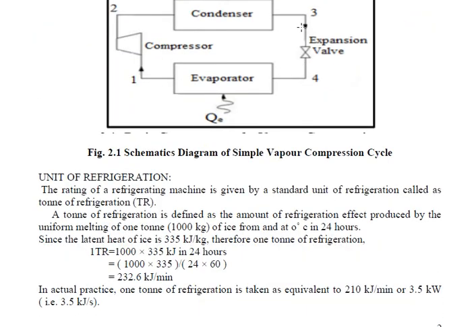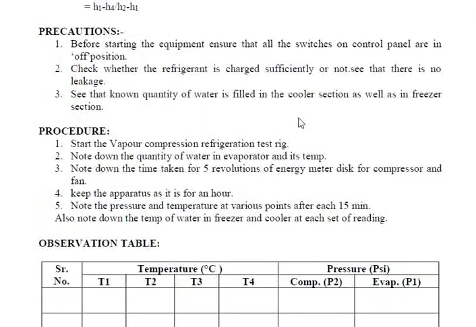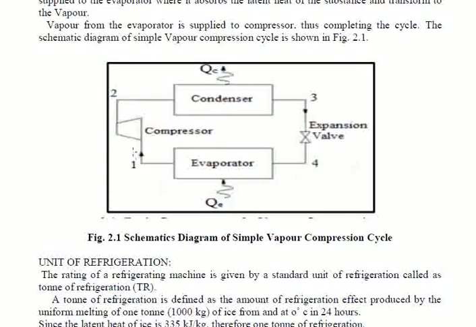So, this is the diagram we have discussed. These points are given. These are the temperatures T1, T2, T3 and T4, and these are the pressures. Here you have the evaporator pressure, here you have the compressor pressure. So, line 2 to 3 is the compressor pressure and 4 to 1 is the evaporator pressure line.